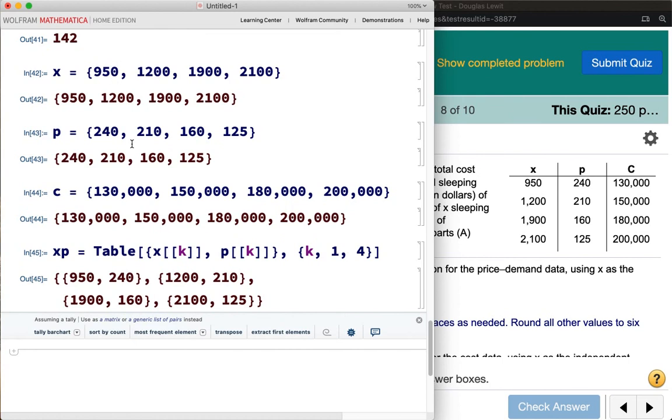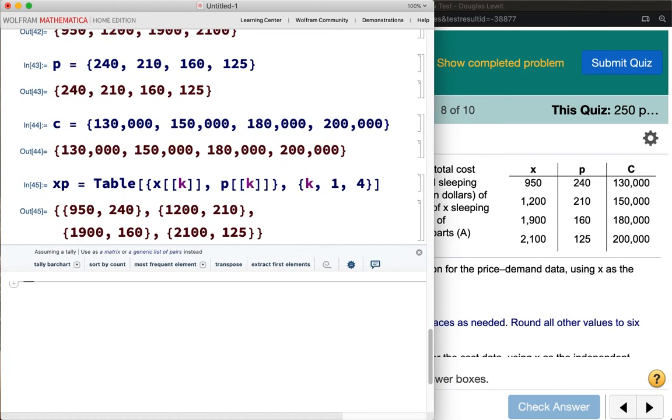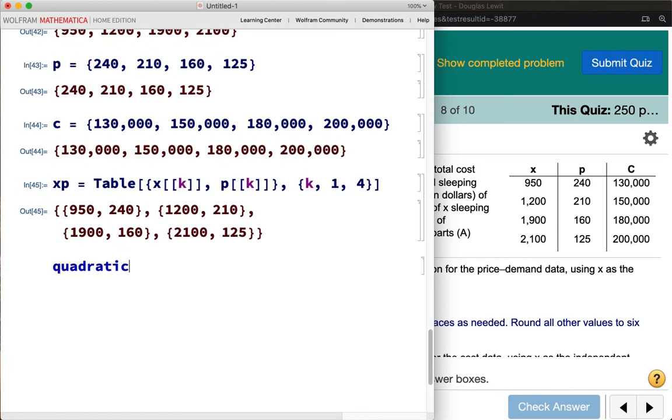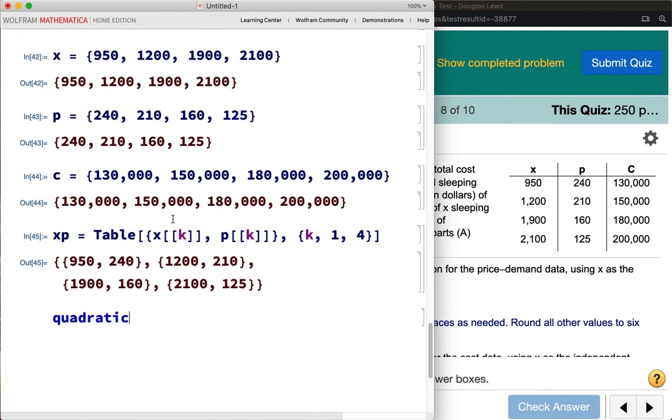So all I did was I paired up my X and P lists: 950, 240, 1200, 210, 1900, 160, 2100, 125. And then the quadratic equation. Now, the thing is, I can't use x as my variable because I'm using it right over here. So I'm going to use another variable name.